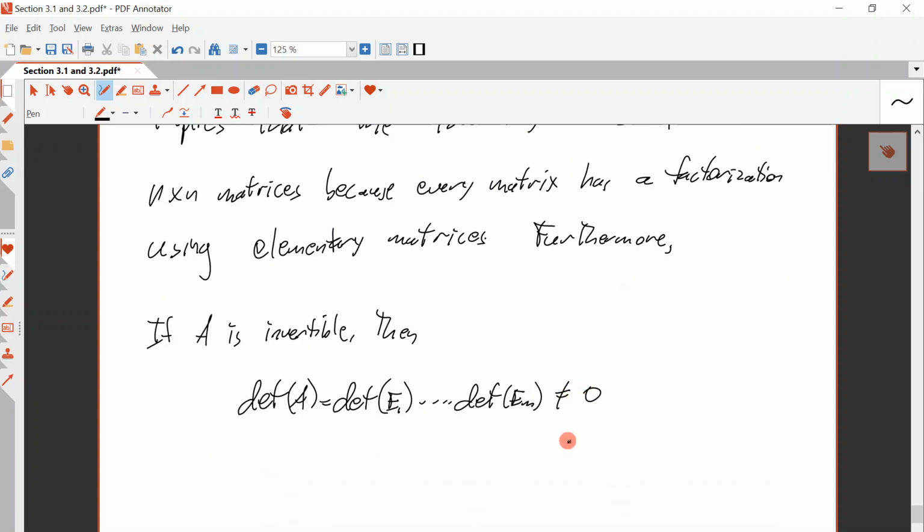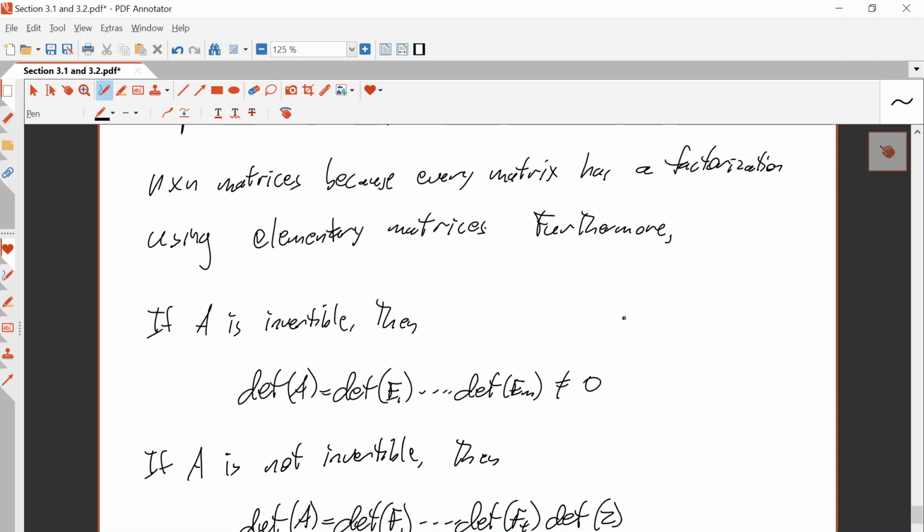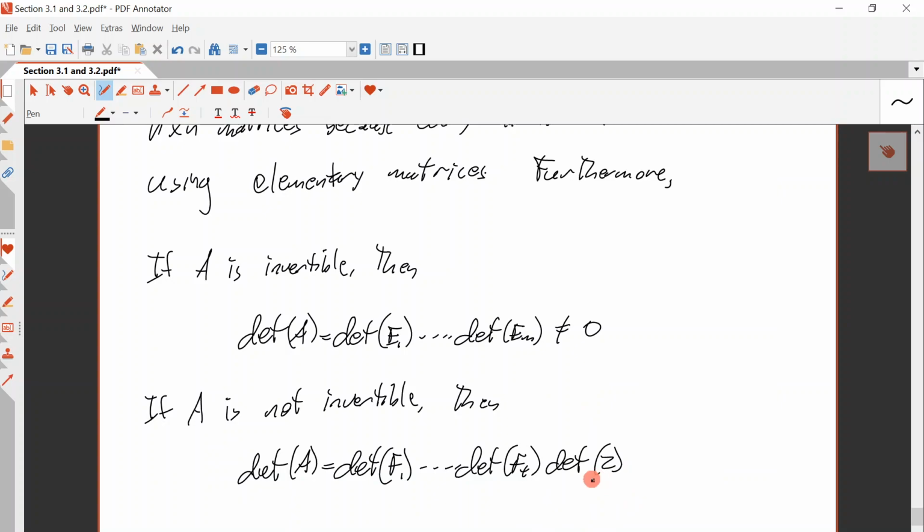And if A is not invertible, then the determinant of A is equal to the determinant of those elementary matrices times the determinant of Z. But the determinant of Z must be 0.